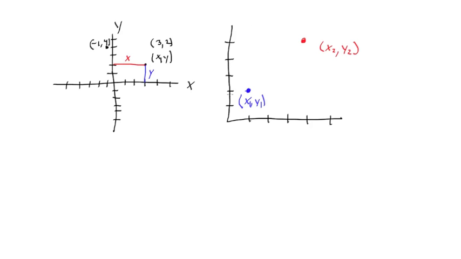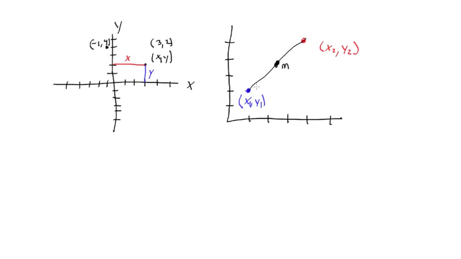Now, as I mentioned before, 2 problems that we really want to discuss here are going to be what is the length of the line segment between these 2 points, and what are the coordinates of what we call the midpoint. I'm going to just put an M here. That's the point that's in the middle of these 2.